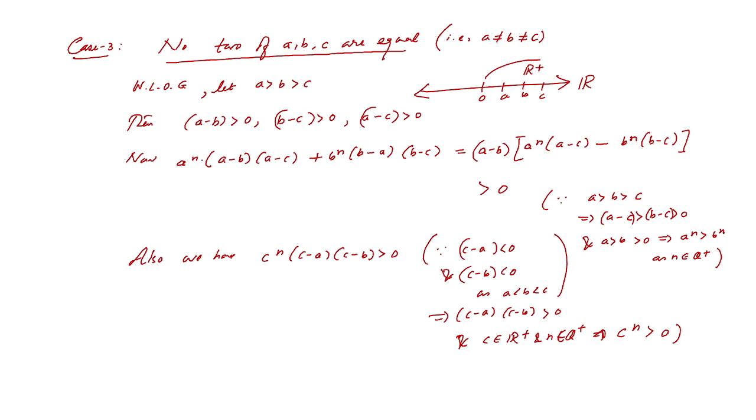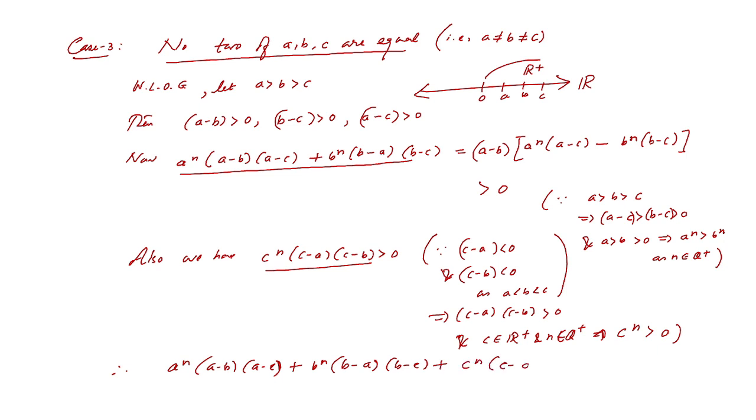So we add this portion and this one, what will we get? A to the power n (A minus B)(A minus C) plus B to the power n (B minus A)(B minus C) plus C to the power n (C minus A)(C minus B) is the whole term on the left hand side, and that would be greater than 0, just adding star and double star.